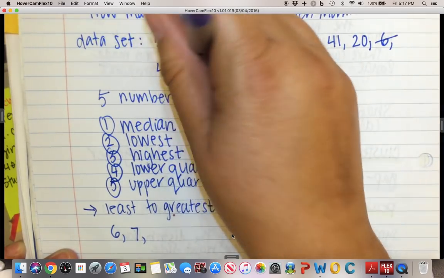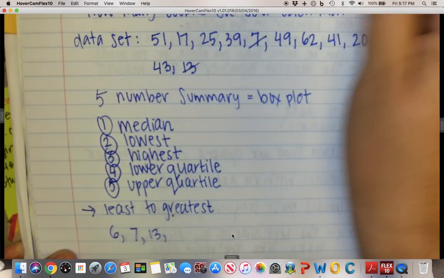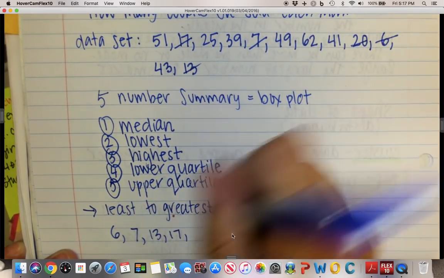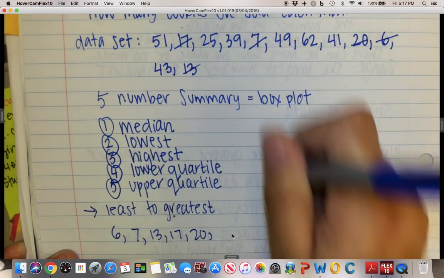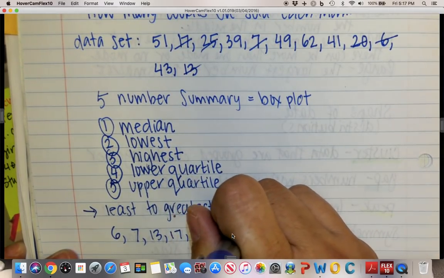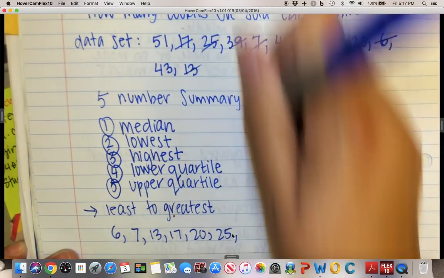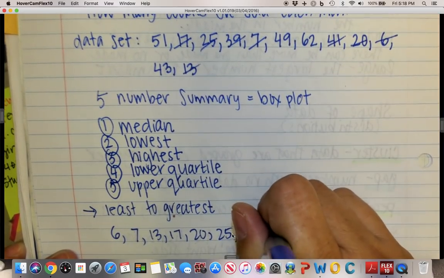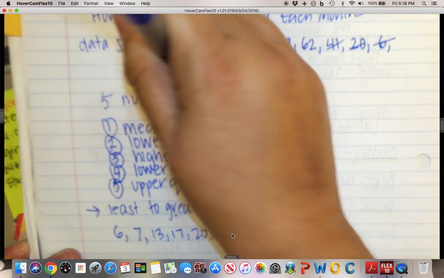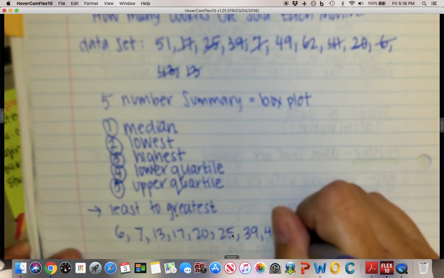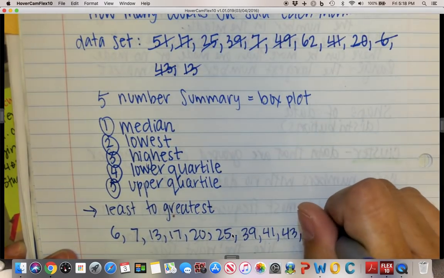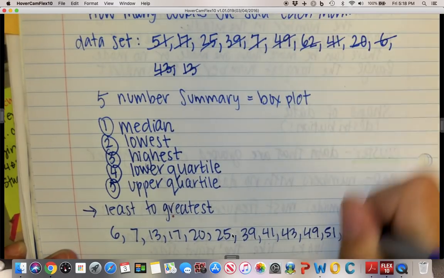After 7 is 13, 17, 20, 25, 39, 41, 43, 49, 51, and 62.